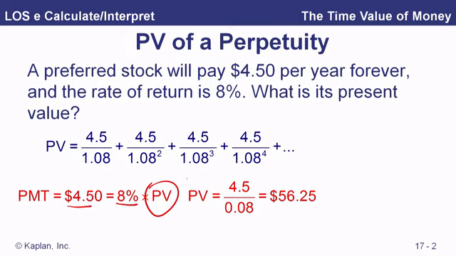And all we have to do is rearrange that to solve for that amount and get the present value of the perpetuity, just that constant payment forever, divided by the discount rate, gives us the present value of that infinite series.